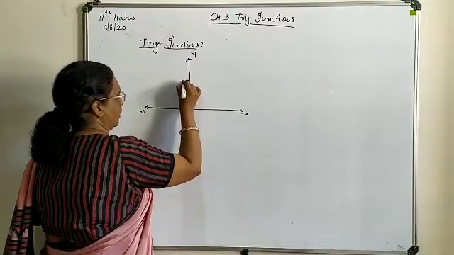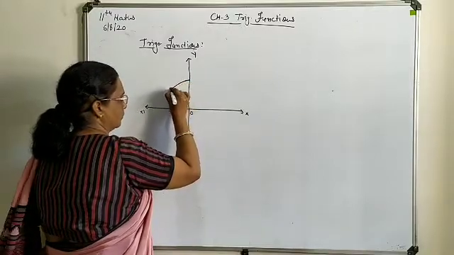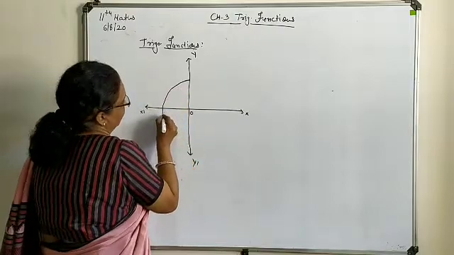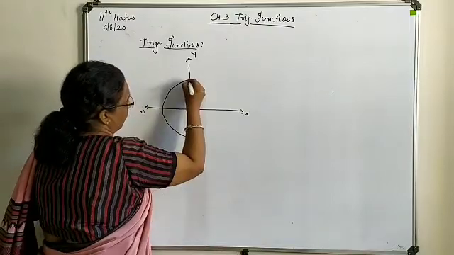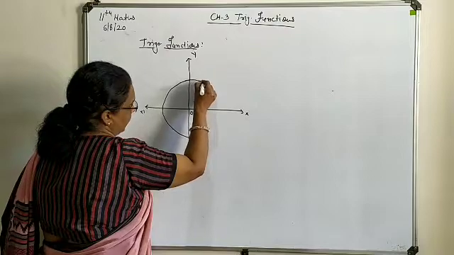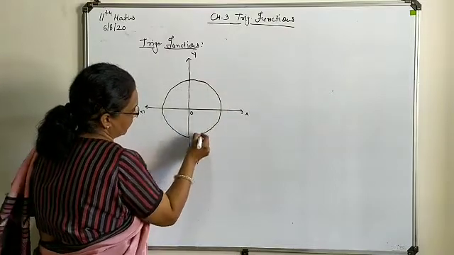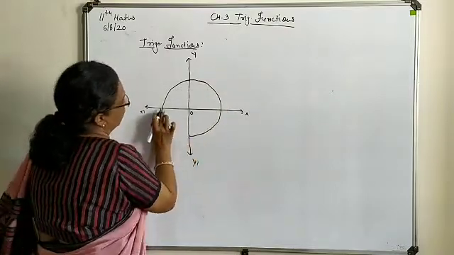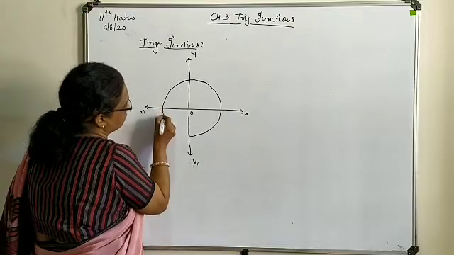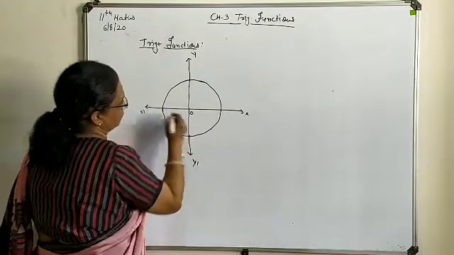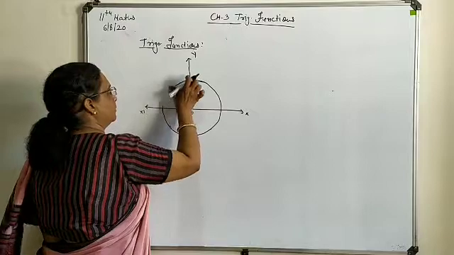Here we draw a circle with radius r. In the beginning we will take this radius r, and afterwards we will convert this radius to a unit, 1. This is the circle we have.